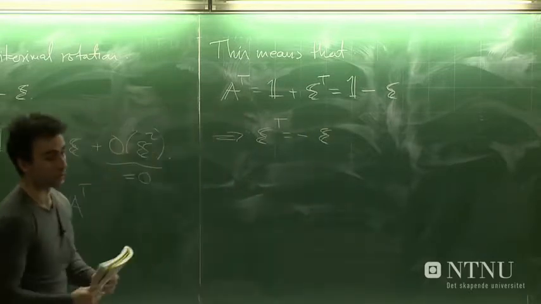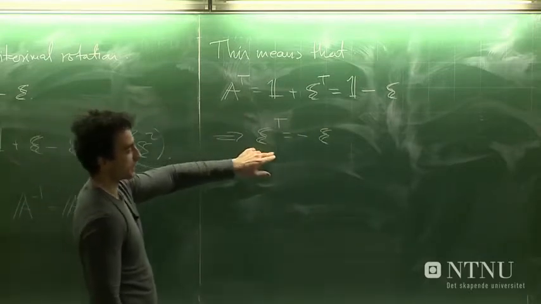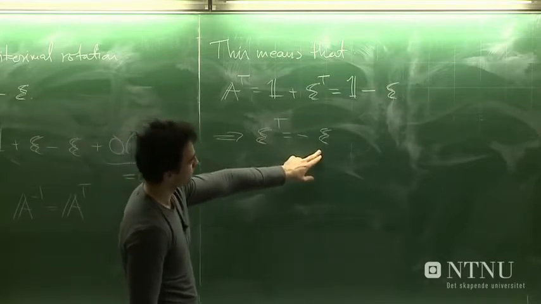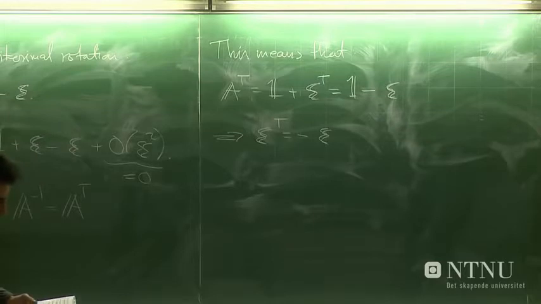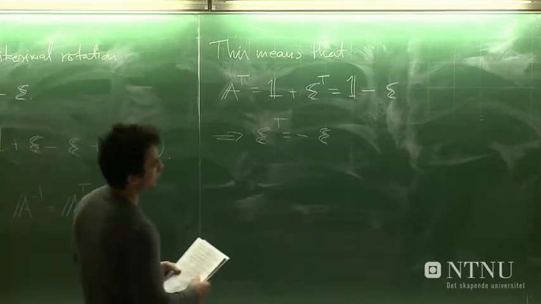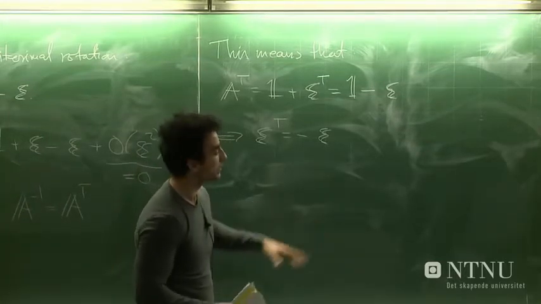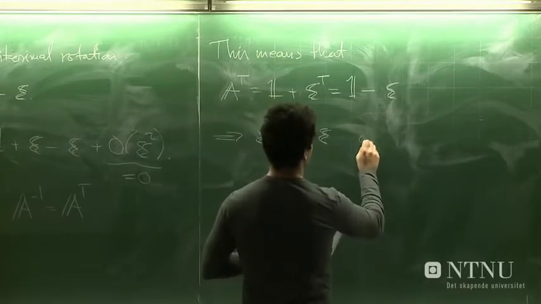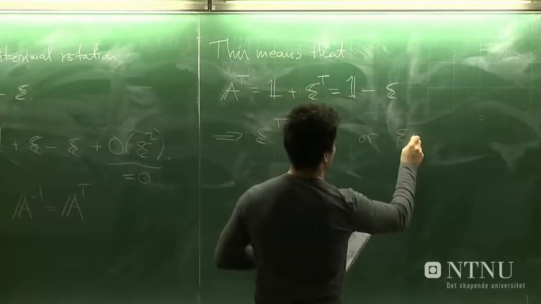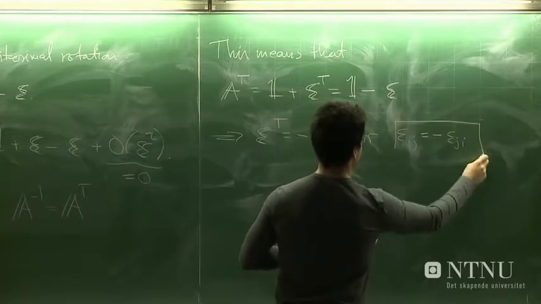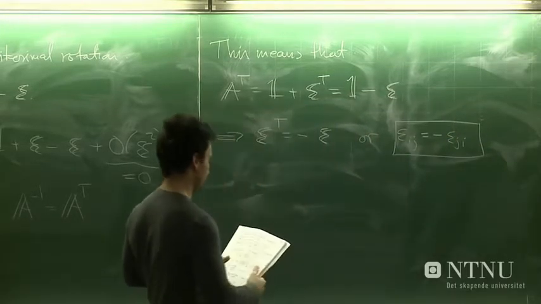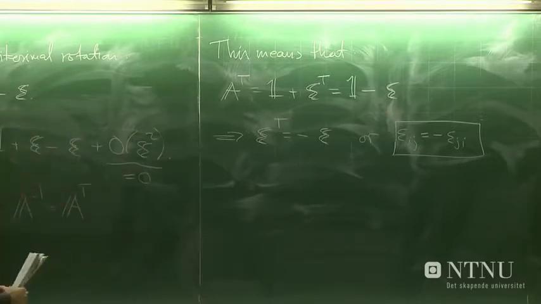And so we're led to the conclusion that the transpose of epsilon has to be equal to minus epsilon, or written in component form, and this is a special type of matrix.